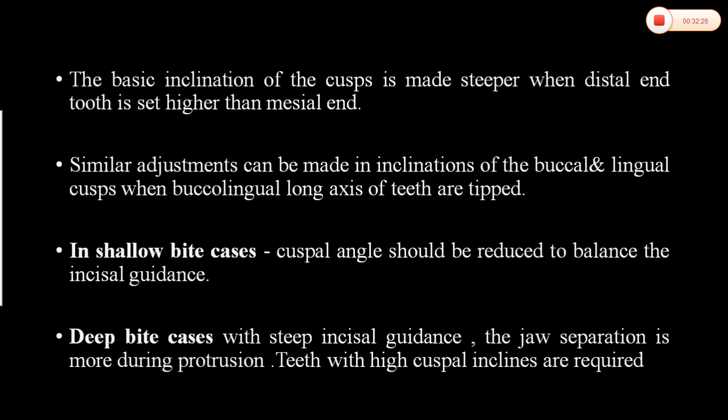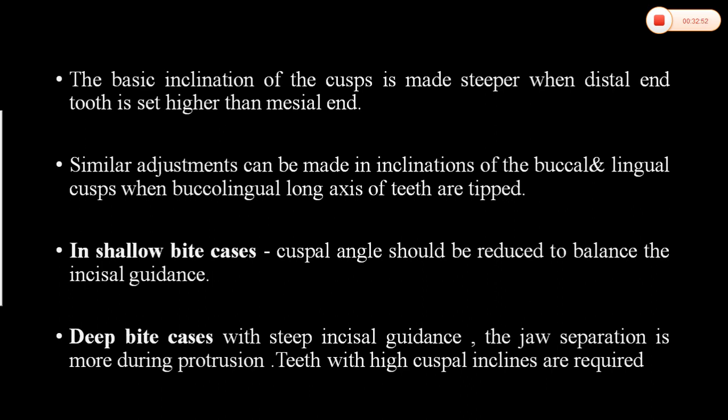In shallow bite cases, the cuspal angle should be reduced to balance the incisal guidance. When the overbite or vertical overlap is shallow, we have to reduce the cuspal angulation. In deep bite cases, the incisal guidance will be steep, since jaw separation is more during protrusion, and we have to give high cuspal angulation.